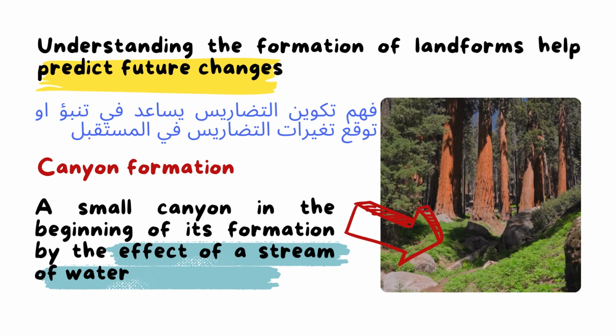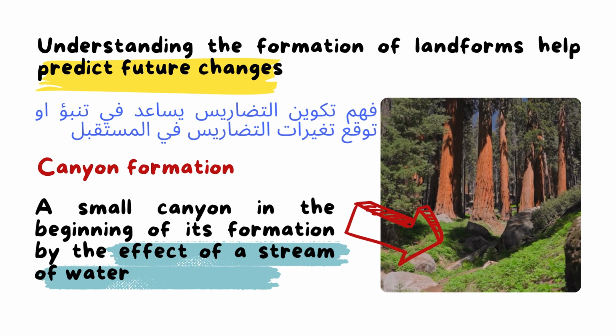Understanding the formation of landforms helps predict future changes. How? If we understand how a landform was formed, we can predict what the future changes of this landform will be.